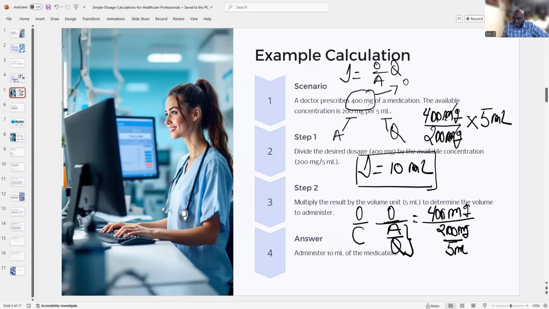And once you do that, you will have 40 milligram per ml. And then once you divide the 400 divided by 40, milligram and milligram, you will cancel out. So you will have 10.